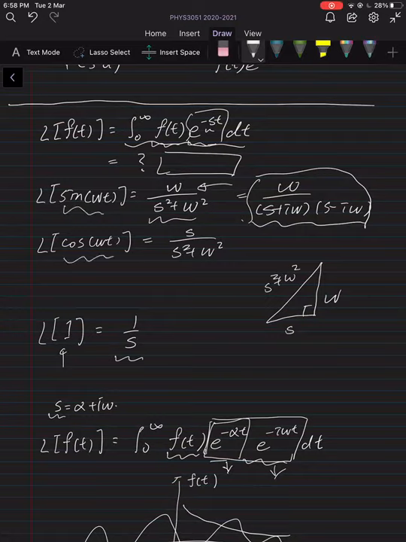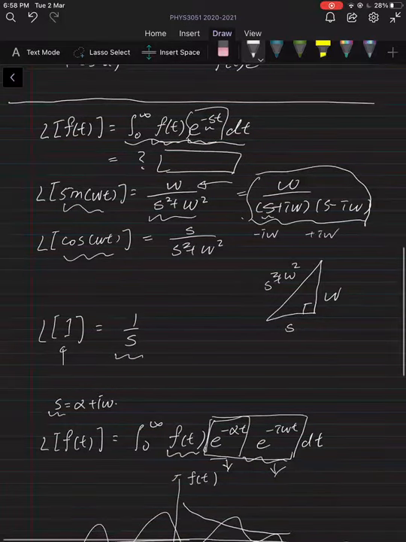When you have s equal to minus i omega or plus i omega, then the denominator will be 0, right?